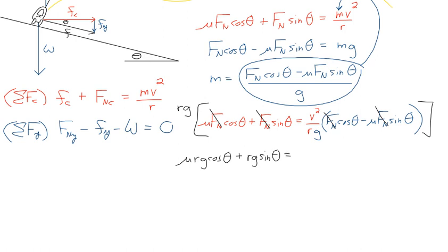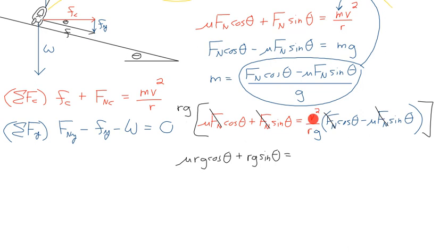Now when I multiply the right side by RG, the RG cancels out the RG, so I'm only left with V squared. So I'm going to distribute the V squared to both of these, or if V was the unknown, I wouldn't do that. I would leave V squared there and leave this in parentheses, because if V was the unknown, I'd want to factor out the V squared.